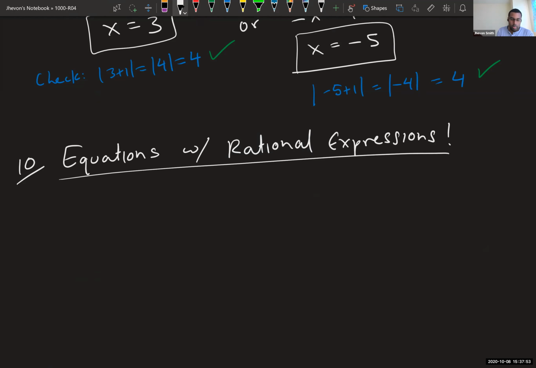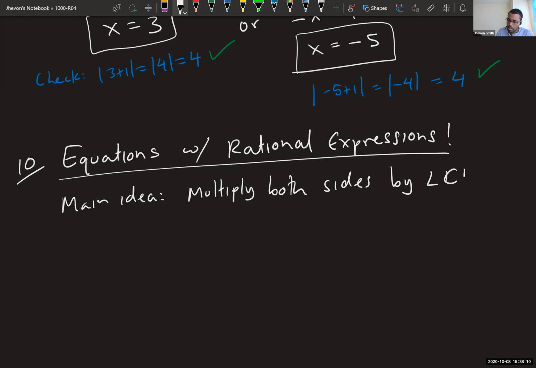And the main idea here is to multiply both sides by the LCD. This removes all denominators.